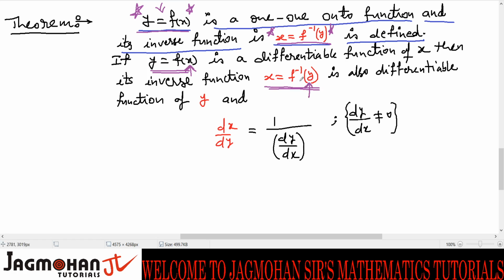This is one very important statement of the theorem. The next, it says, and this relation is always true.